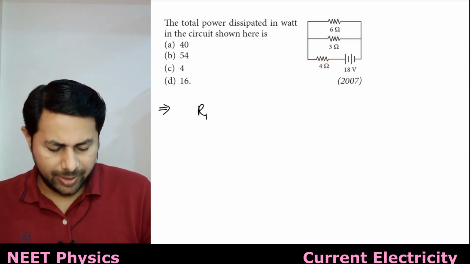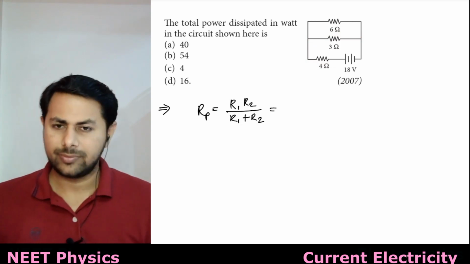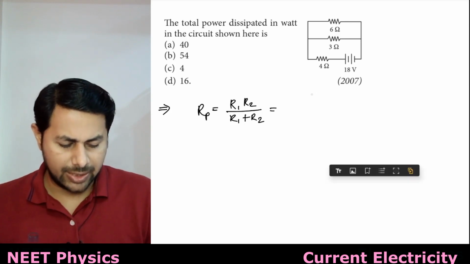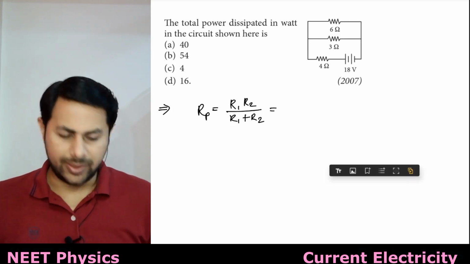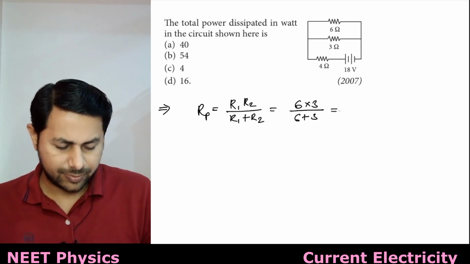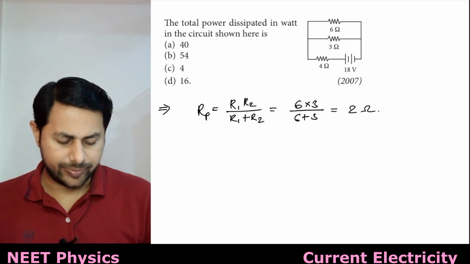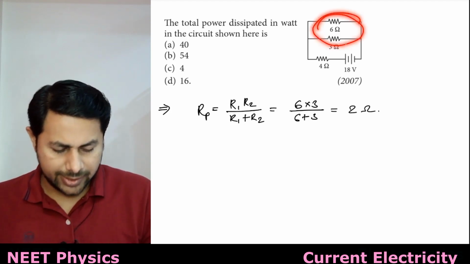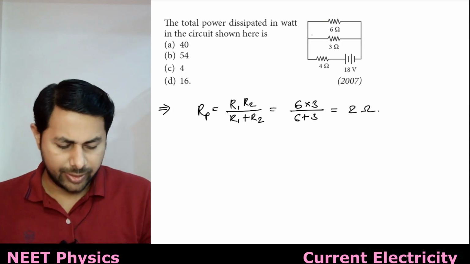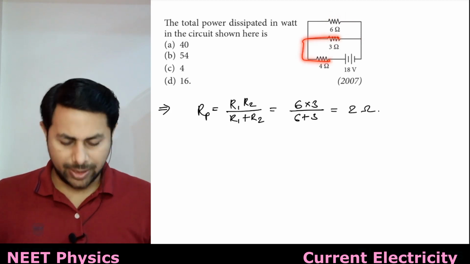So what is Rp? We know it's R1 R2 divided by R1 plus R2. With 6 and 3, it is 6 times 3 divided by 6 plus 3, which is 18 divided by 9. So that is 2 ohm, the resistance of these two is 2 ohm. So we can replace this by a 2 ohm resistance, which comes in series with this one.